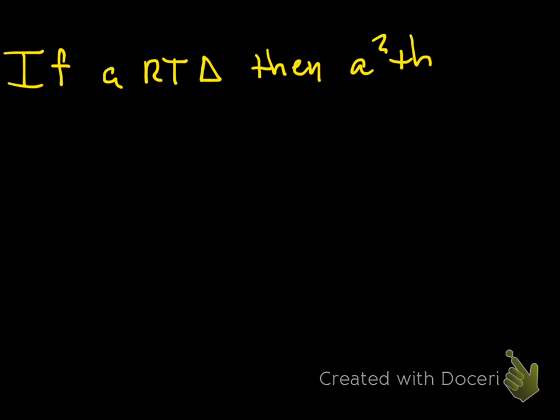Okay, so now we're going to talk about the converse, right? That's kind of like the opposite. So the Pythagorean theorem states that if, I'm just going to do abbreviations, if a right triangle, then A squared plus B squared equals C squared. So those are if-then statements. If, then. Okay?